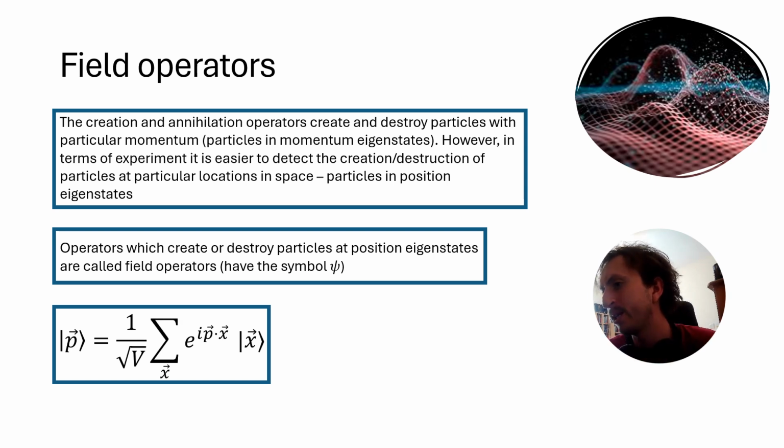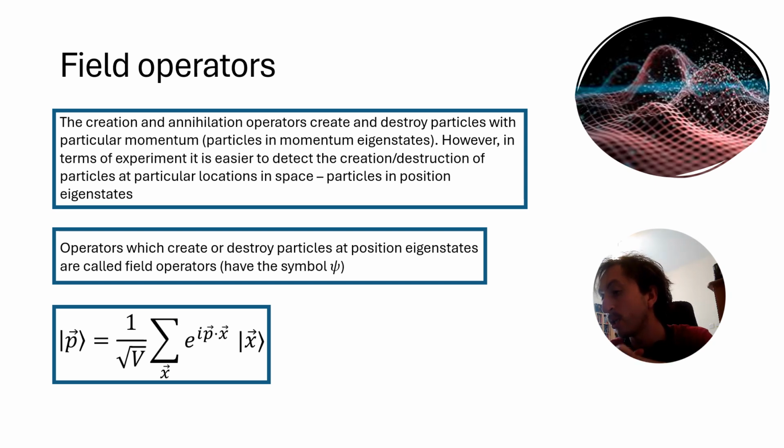So if we want to get to field operators, we should first ask, well, how do position and momentum eigenstates relate to each other? Really we use the idea that if a particle is in a position eigenstate, then it will be distributed throughout the whole momentum space.